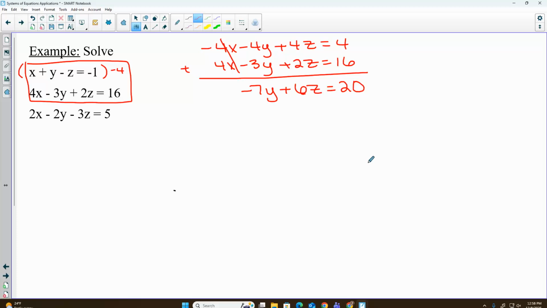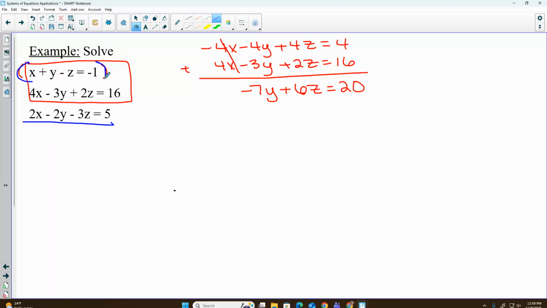Okay, here's the trick to it. I have not yet used the third equation, so I have to use it. And I have to pick one of the other two and eliminate the same variable. So I eliminated x the first time. That means I have to eliminate x again. Which equation would be better for that? And does it matter? No. So which one do you want to put it with? First one.